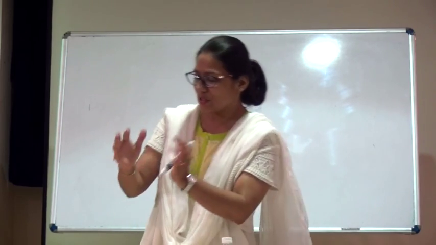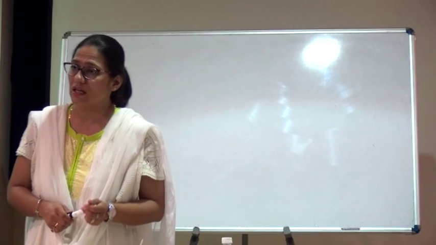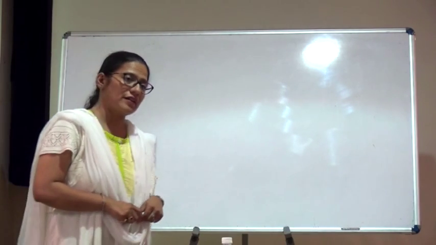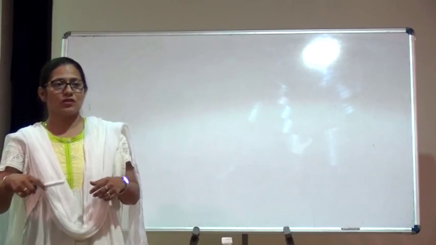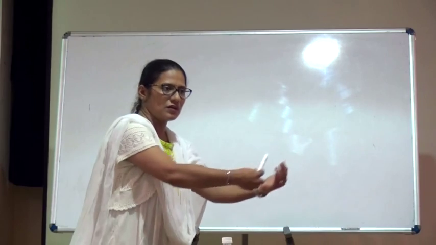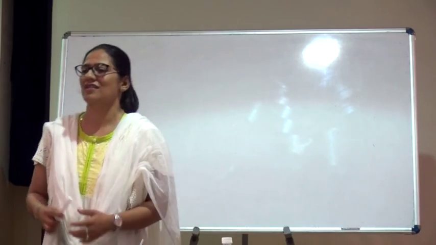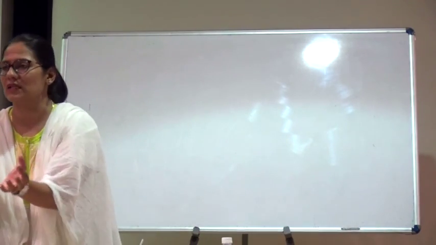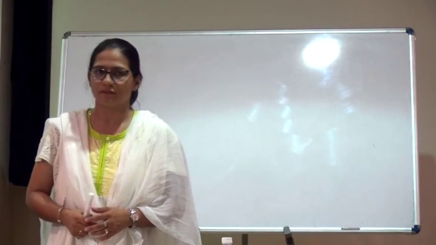So this is how you can see plant motion. Actual locomotion, or transport from one place to another place, is not observed in plants. They are always rooted in the soil at one place.